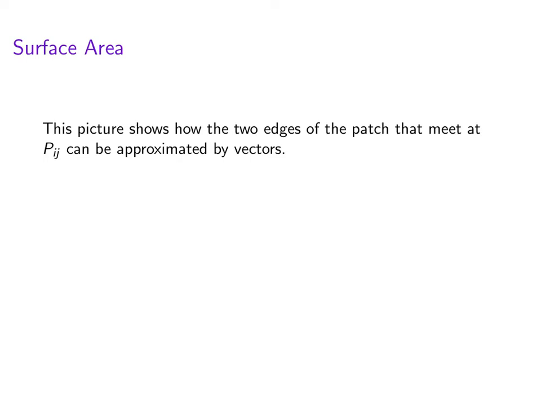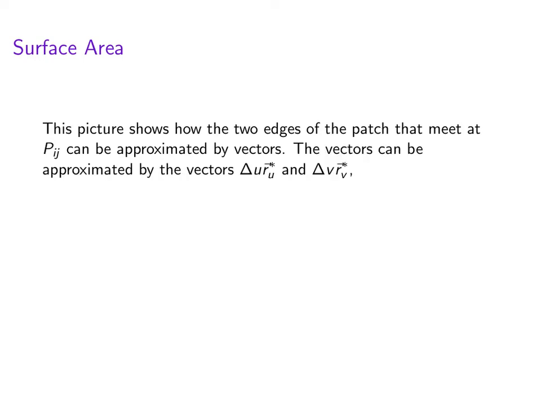The picture is showing us that the two edges of the patch meet at the point P_ij, and those edges are approximated by vectors. And the vectors that we get are delta u r_u star and delta v r_v star.